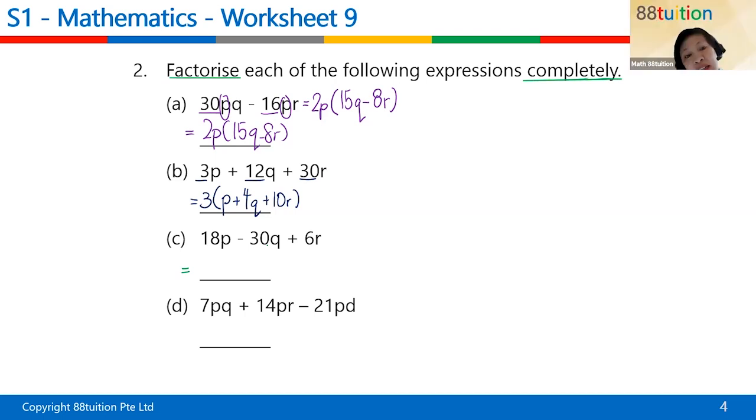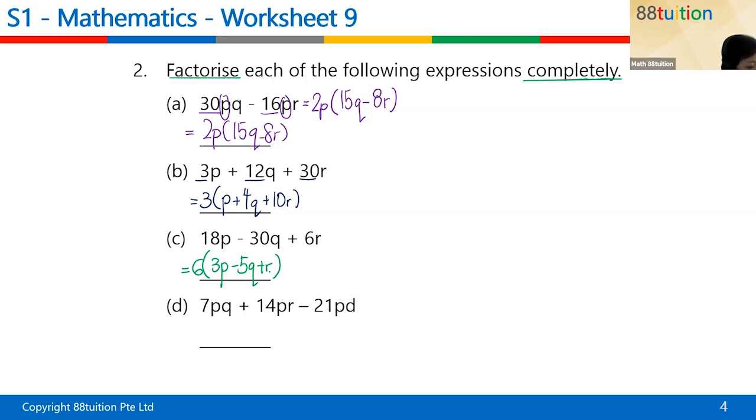Is there any greater number? Try a greater number. 2 of course can, but later you have to factorize further. There is a bigger number that you can find. 6. Very good. So 18 divided by 6 will give you 3P, 30 divided by 6 will give you 5Q, and R. Okay?